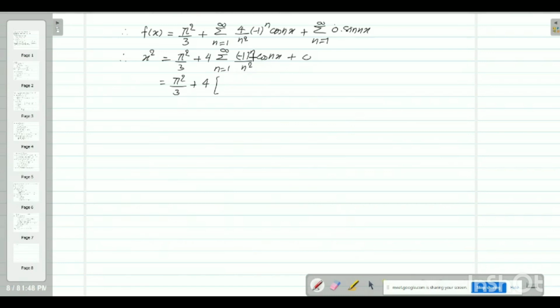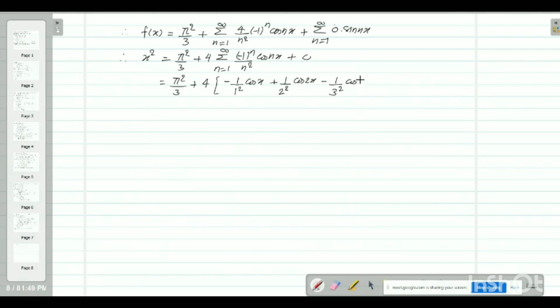For n equal to 1, here will be minus 1 upon 1 square cos x. For n equal to 2, this will be plus, so plus 1 upon 2 square cos 2x, and again minus sign. For n equal to 3, this is minus 1 upon 3 square cos 3x. Even terms will be positive and odd terms will be negative.